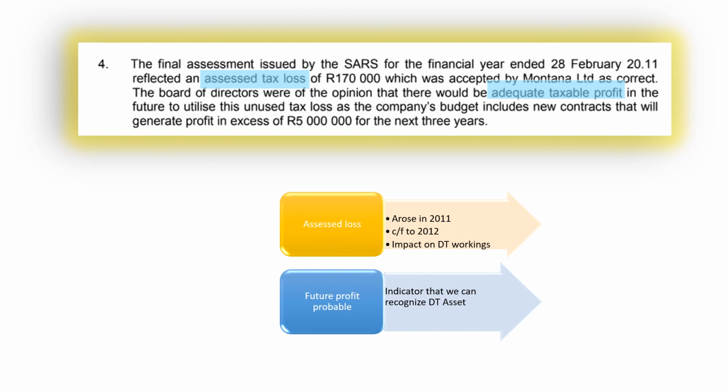So it says the board of directors were of the opinion that there would be adequate taxable profit in the future to utilize this unused assessed tax loss, as the company's budget includes new contracts that will generate profit in excess of 5 million for the next 3 years. So that last sentence about generating budgeted profits of 5 million in the next 3 years has no bearing on our information.